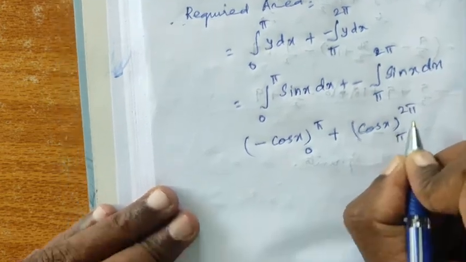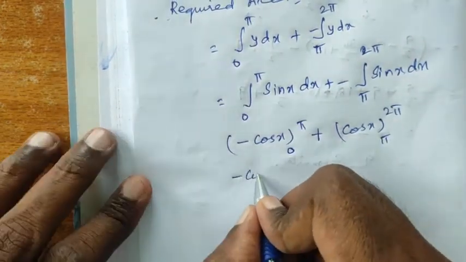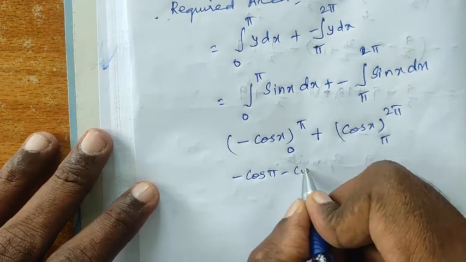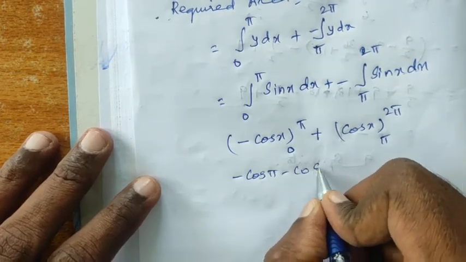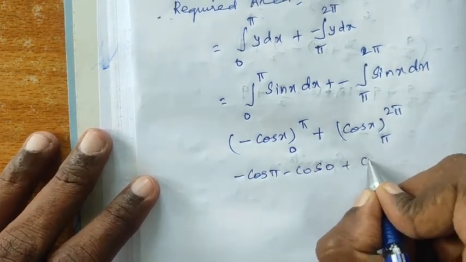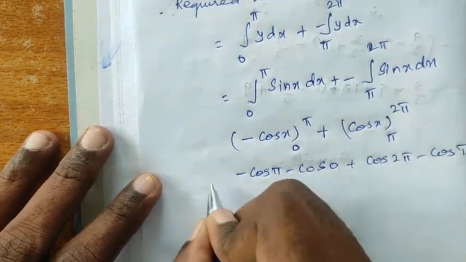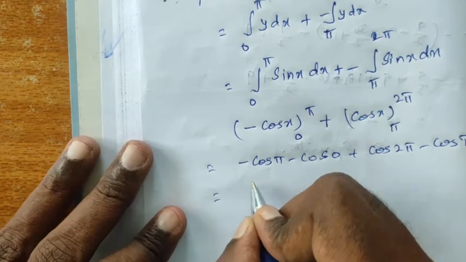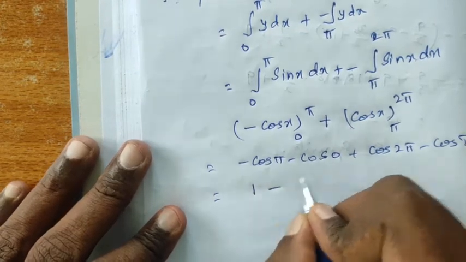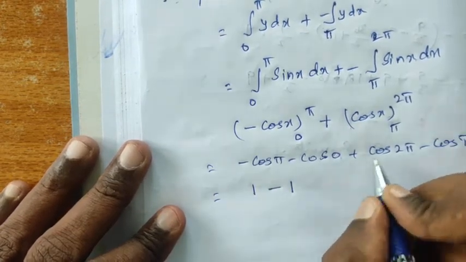So minus cos pi minus, applying the limits, minus cos 0, plus cos 2 pi minus cos pi. Which is equal to minus cos pi, minus 1, minus of minus 1 plus 1, minus cos 0, 1.